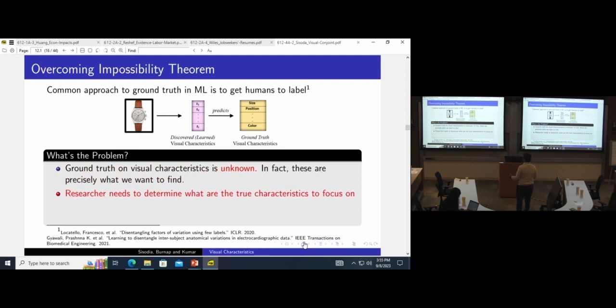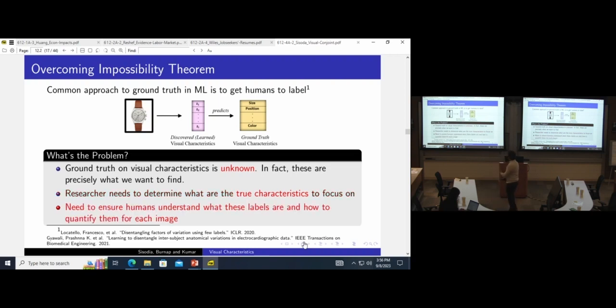The second problem is, suppose we still want to use ground truth, then we will need the researcher to determine what characteristics to focus on. So this takes us back to the original set of methods that researchers currently use, in which they define the visual characteristics.